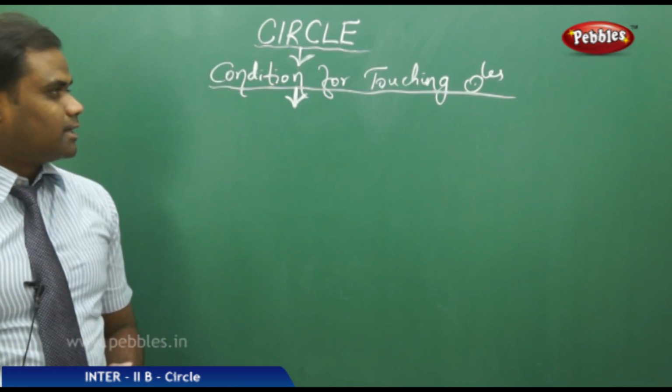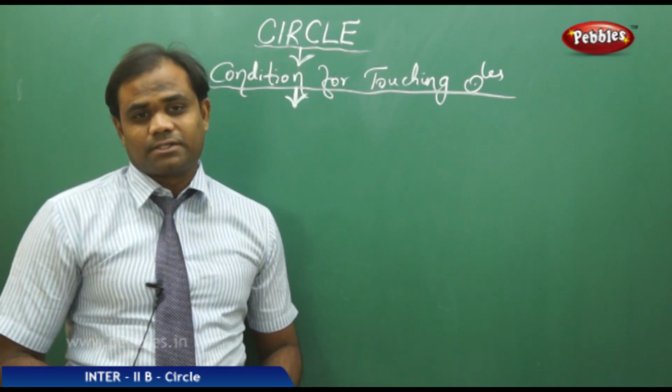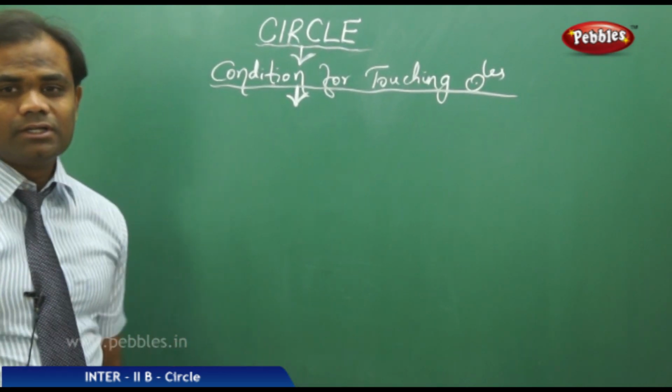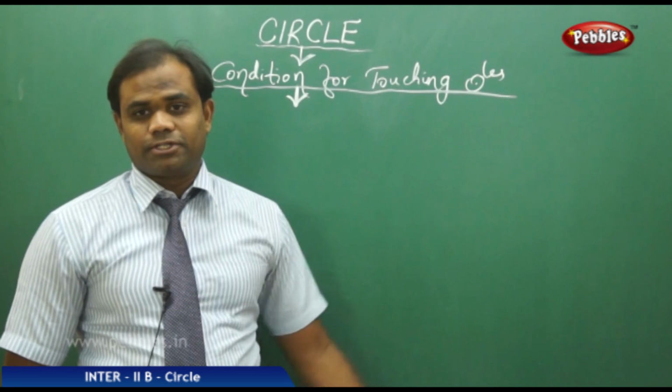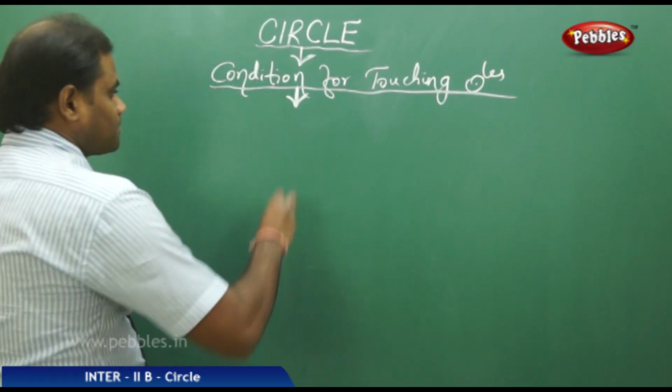So next, let's see the condition for touching circles. As we know, there are two types of touching circles: one is touching externally and the other is touching internally. So there are two different cases which arise with two different types of touching circles.